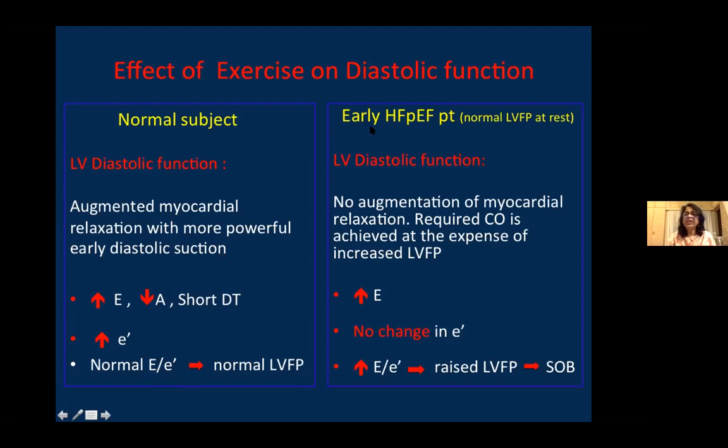Whereas in these early HFpEF patients who have a normal filling pressure at rest, there is no augmentation of myocardial relaxation. So as they exercise, the required cardiac output is achieved at the expense of increased filling pressure. So though the E wave increases, there is no change in the E prime, so E by E prime increases.